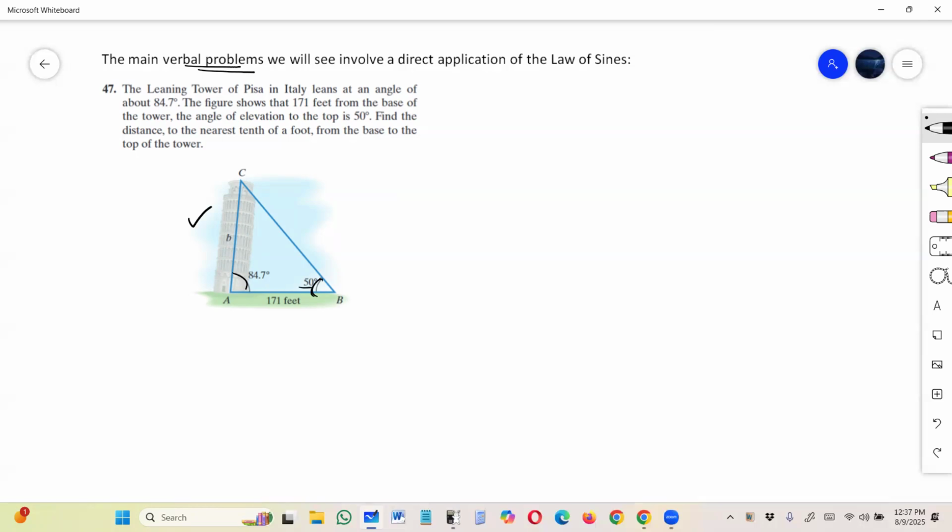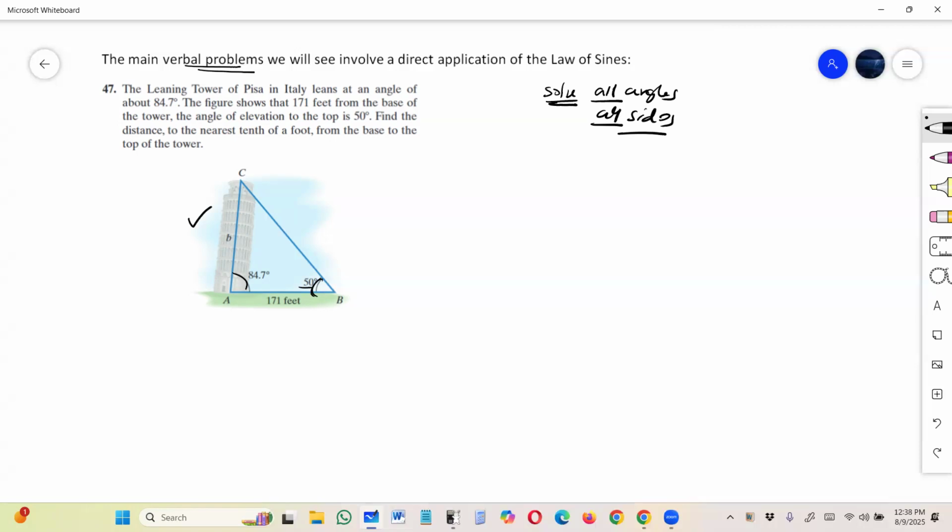Now, these application problems are much easier to do. Because when we are asked to solve a triangle, you have to find all angles and all sides. In these application problems, you're only going to have to find maybe one or two things.